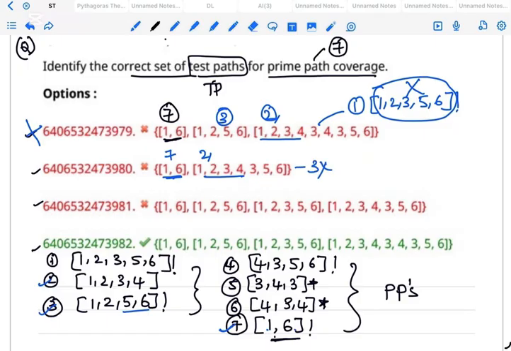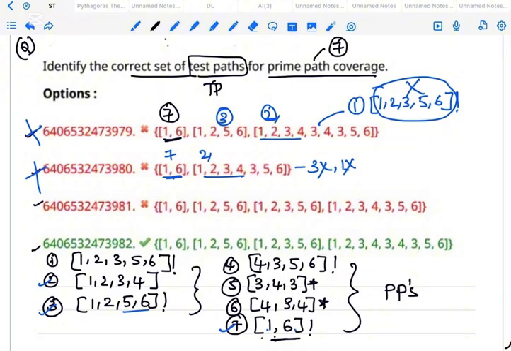At least one prime path is not covered, so it's not considered prime path coverage. And the first one, 1 2 3 5 6, is also not covered. So this option is incorrect.